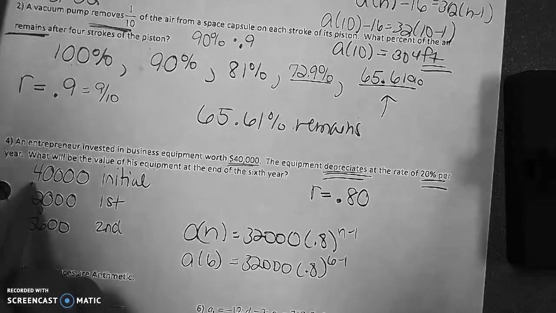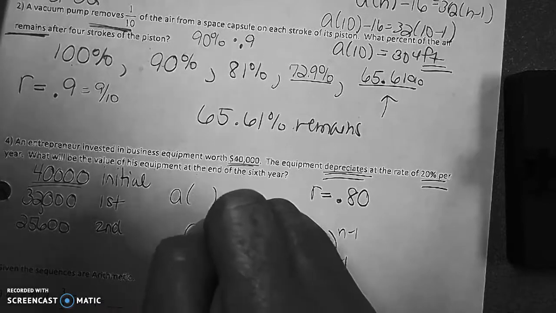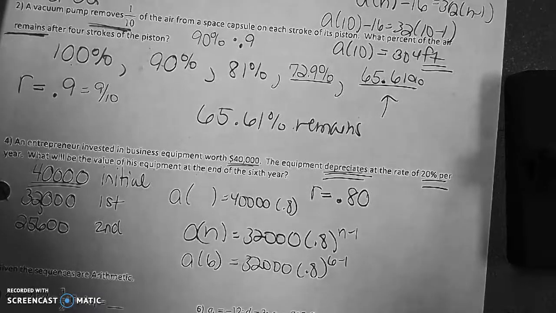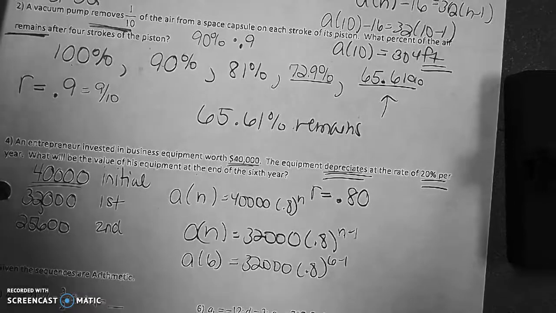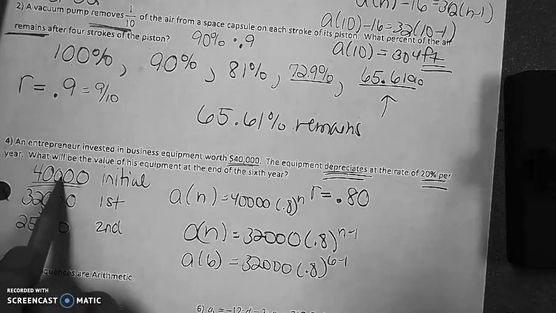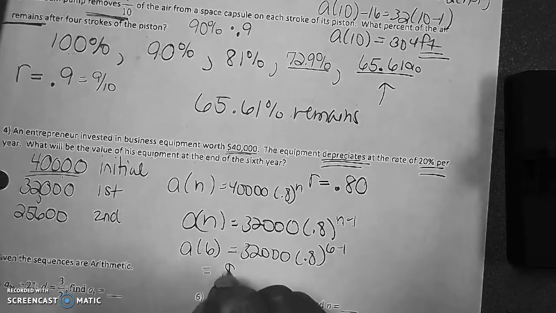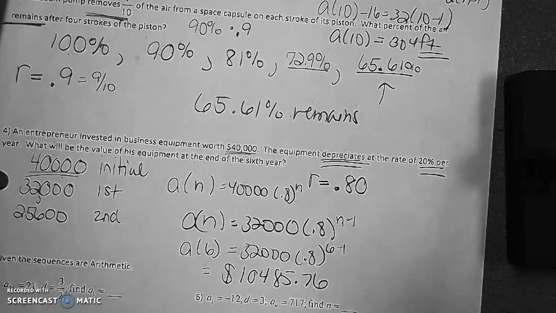Now just a side note, you could use 40,000, but your exponent would not be n minus 1, it would just be n, because this is actually year 0. And when you type that in your calculator, you should get 10,485. I'm going to round to 2 decimal places, 0.76.